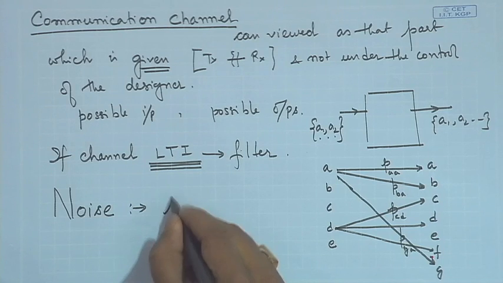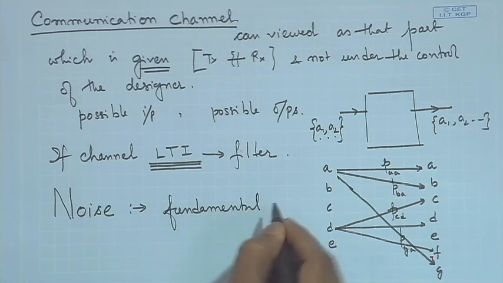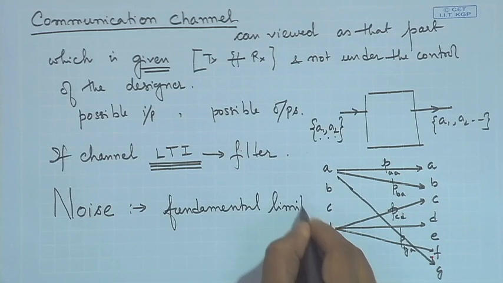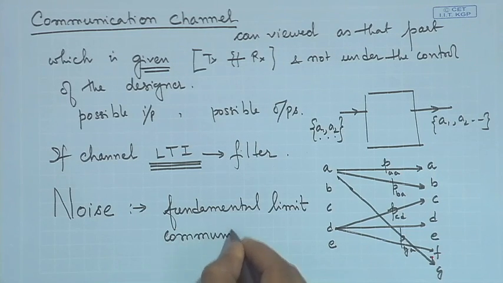Further, another important thing which happened was that noise was identified as the one which gives the fundamental limit to the communication, the maximum fundamental limit of a communication system.